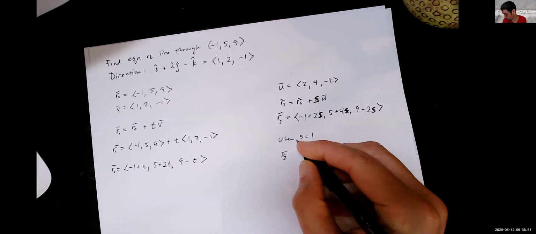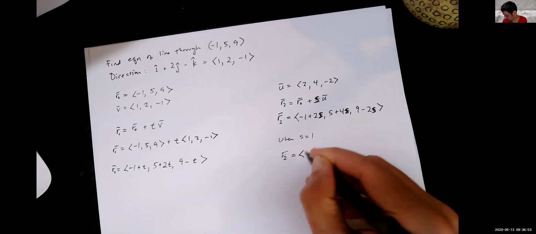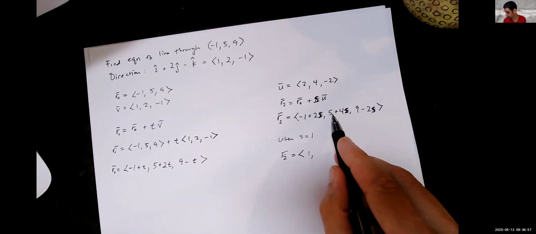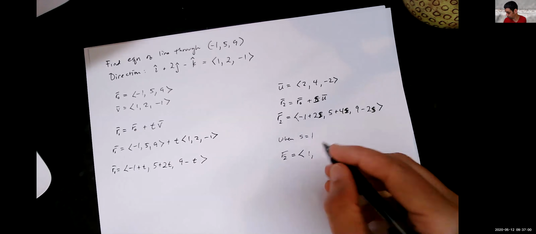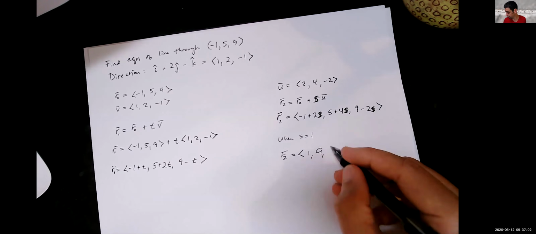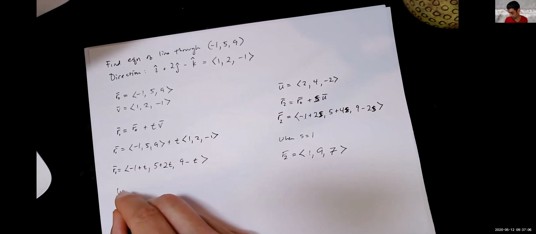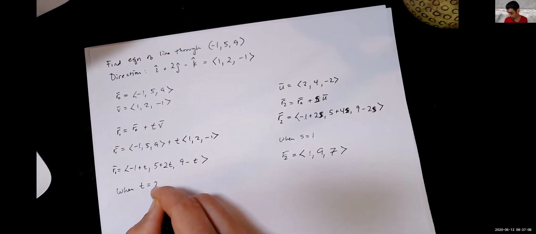R2, I'm just putting in a 1 for S. I get -1 plus 2 spits out a 1. 5 plus 4 times 1 spits out a 9. 9 minus 2 times 1 spits out a 7. And let's come over here and see what happens when t equals 2.